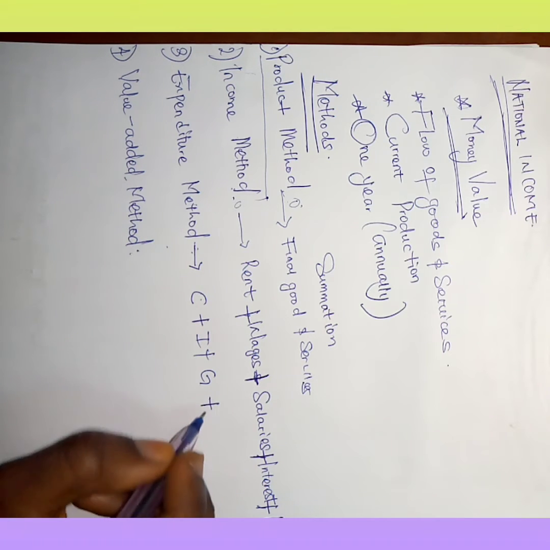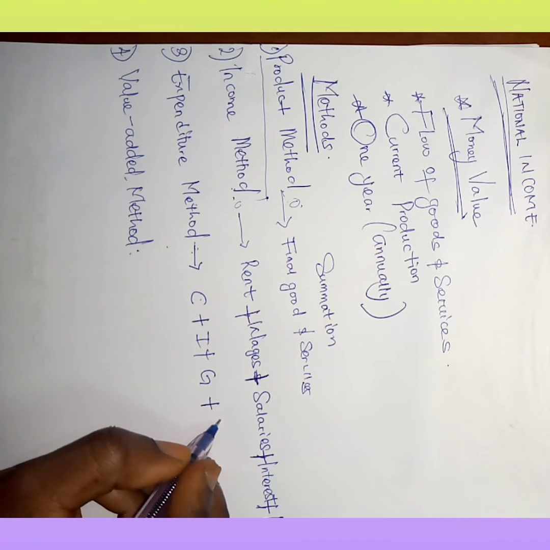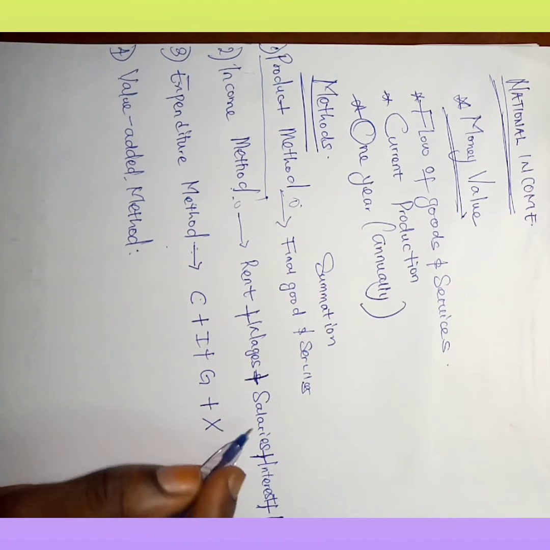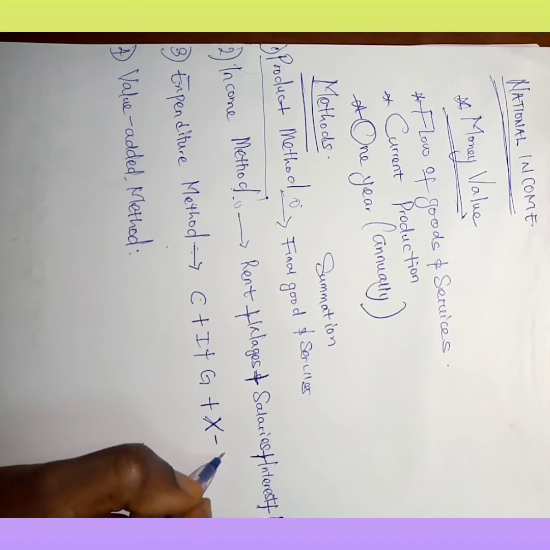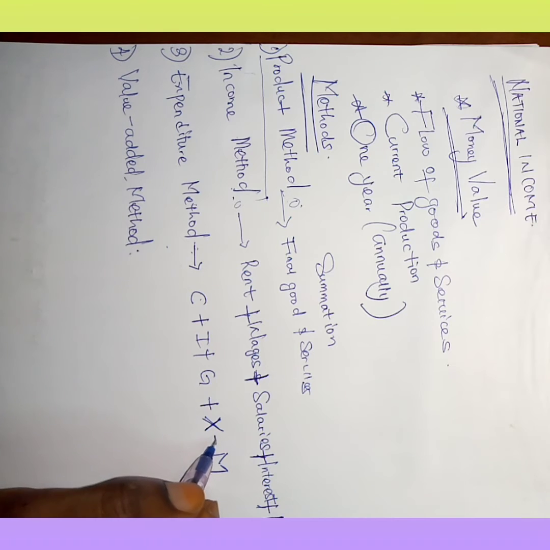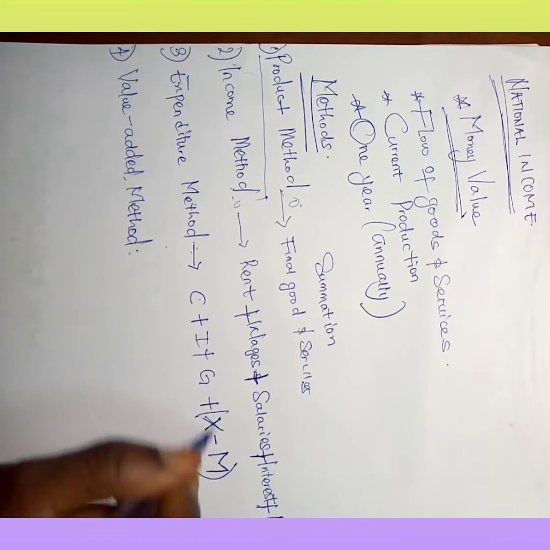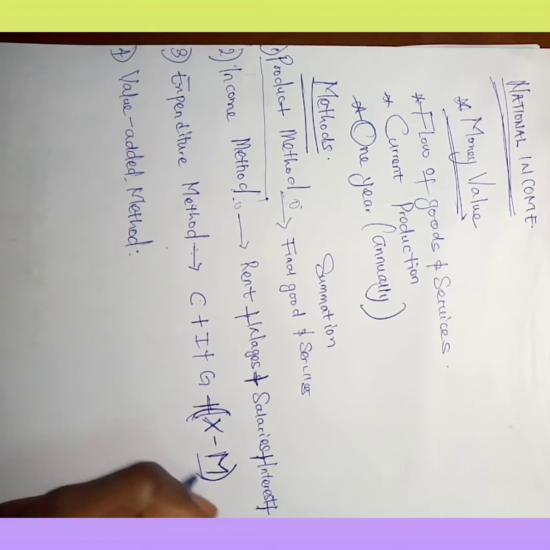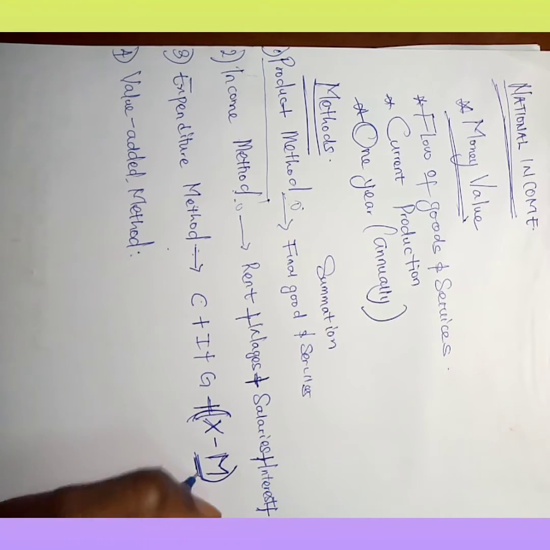Then we also sum up those goods we exported, that is, they are part of the production in our country, so we need to add them and subtract the ones that are not produced in our country. Since we said the national income measures the flow of goods and services that are produced within a country, any goods imported are not produced in Nigeria, so therefore we need to subtract these imports.